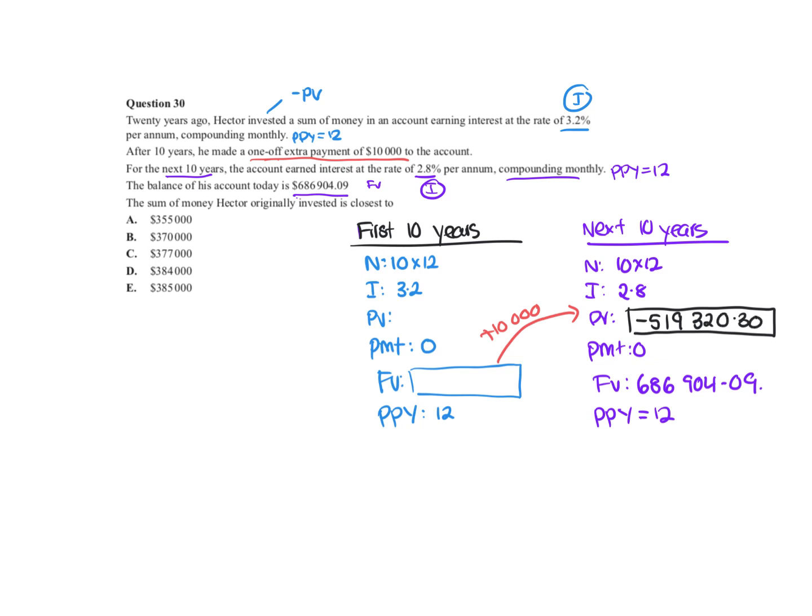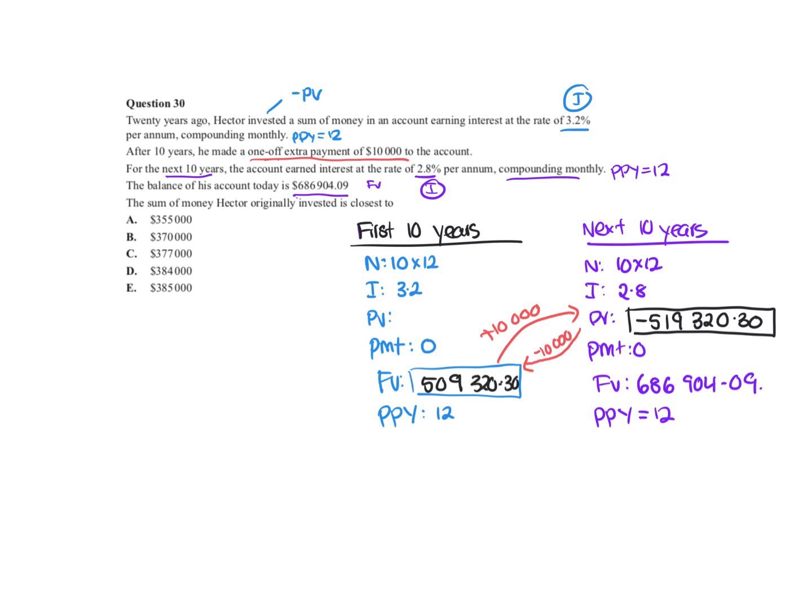But what happens is, that was after the 10,000 was put in. So if I was going back the other way, what would I do? I would minus it, wouldn't I? Going to minus 10,000. So if I minus 10,000, then this final value would have been 509,320.30.